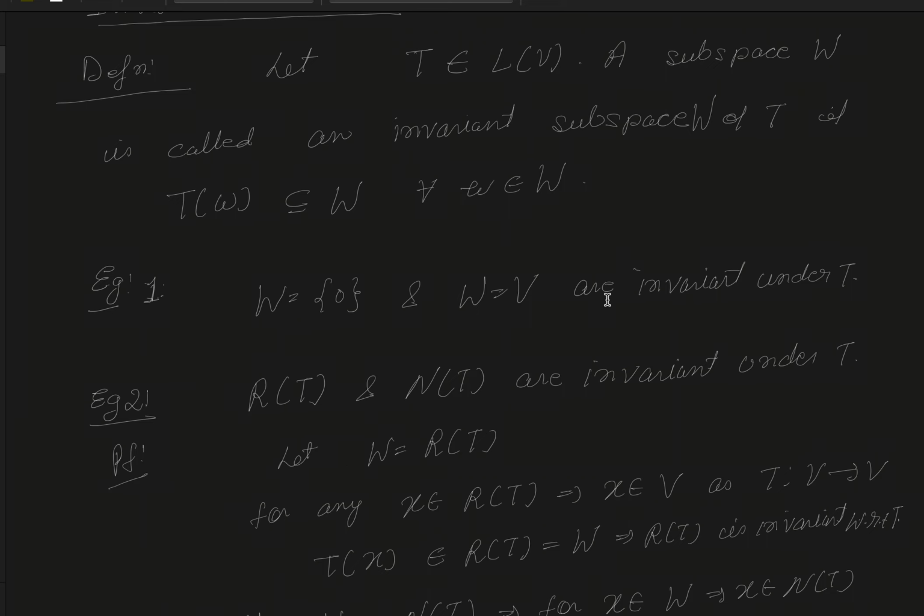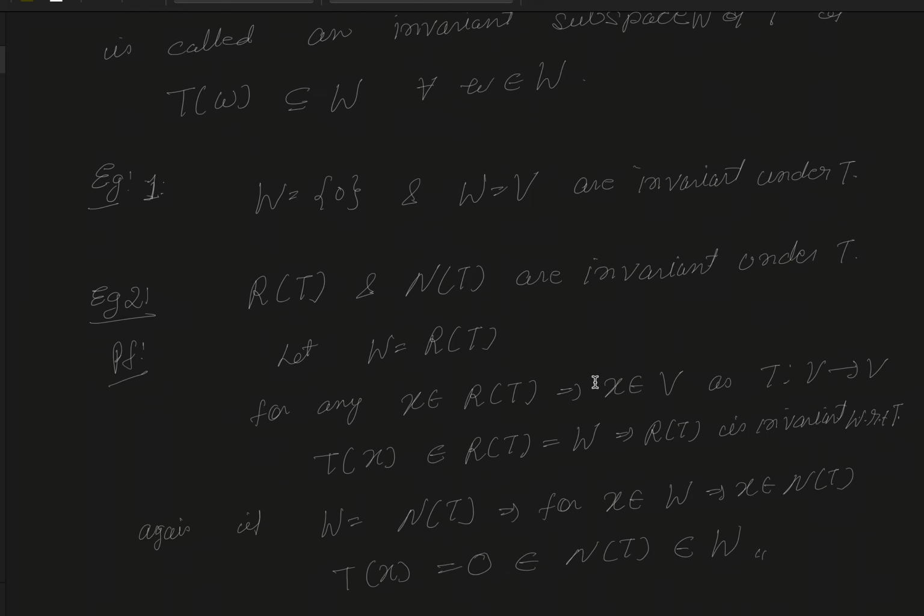For example, the range of T and the null space of T. Since T is a linear operator from V to V, the range of T means all those elements of the codomain V such that they have some element X in the domain, the way we define range.